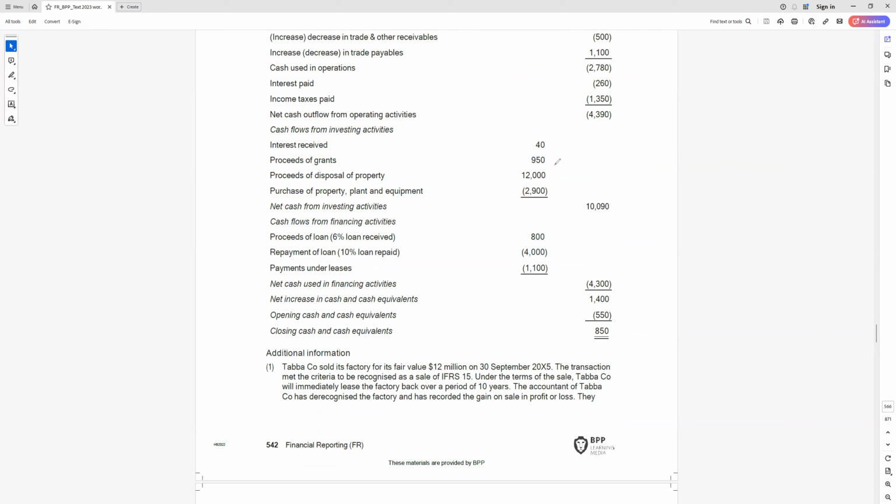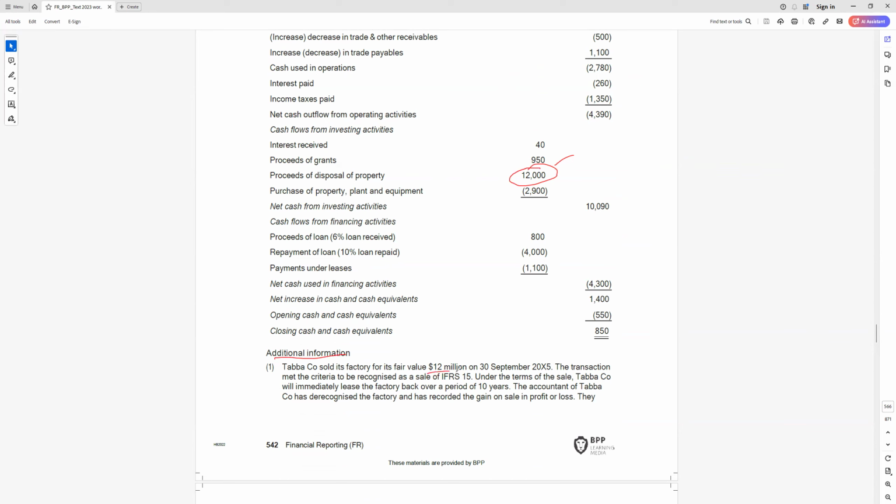So how much new grant came, the proceeds of disposal of the property, that should be on our note. So 12,000. So you can see here in the additional information, they say T company sold this factory, fair value 12 million on 30 September 15, and the transaction met the criteria of IFRS 15.